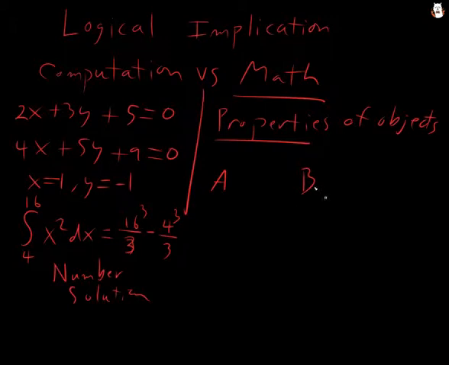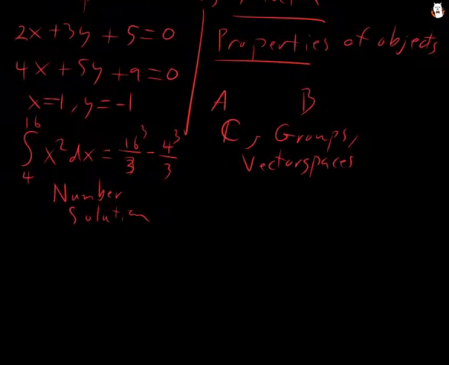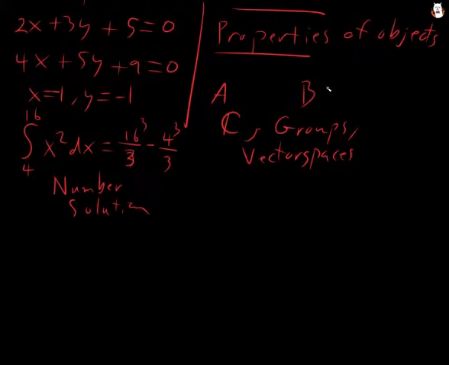By zooming out of the details of exact computation and finding these numbers, and instead focusing on how objects like complex numbers, groups, vector spaces, and other objects behave, we can gain insight that is applicable in many more situations. This is a very powerful tool to abstract away these properties of objects.